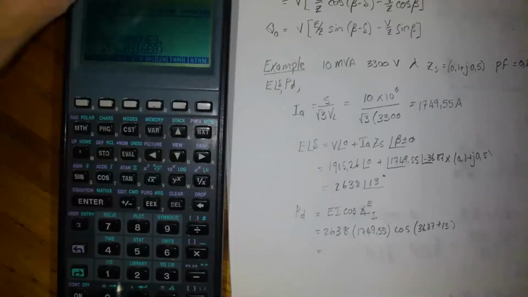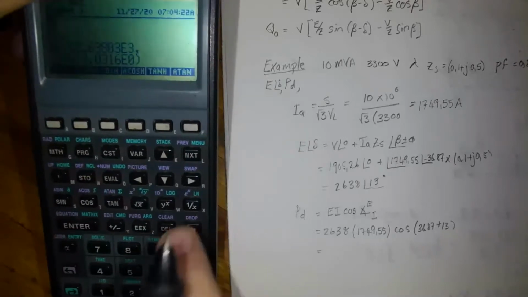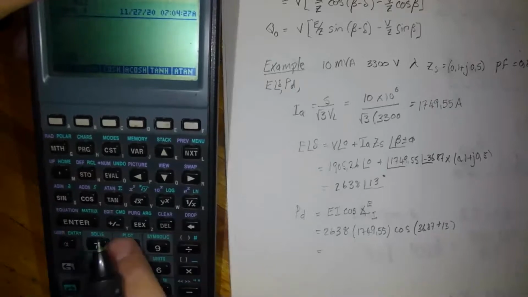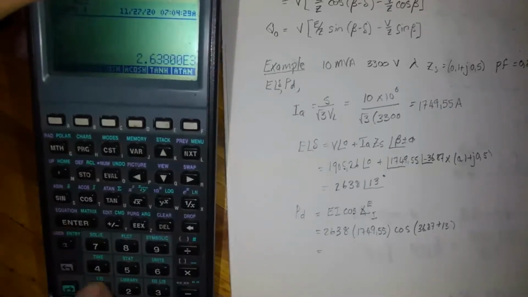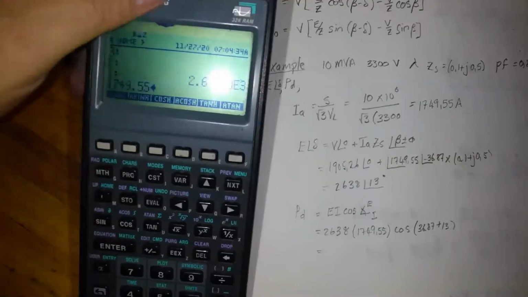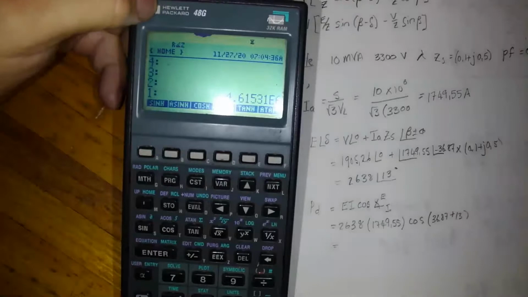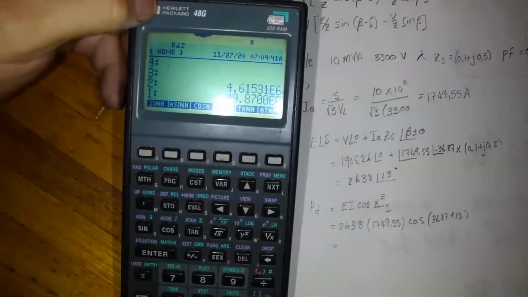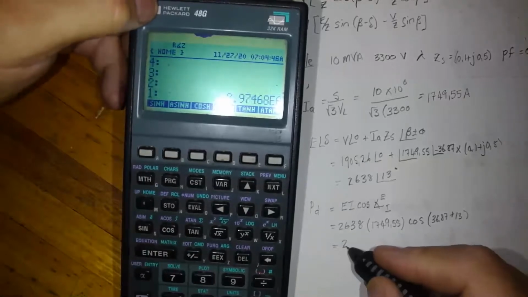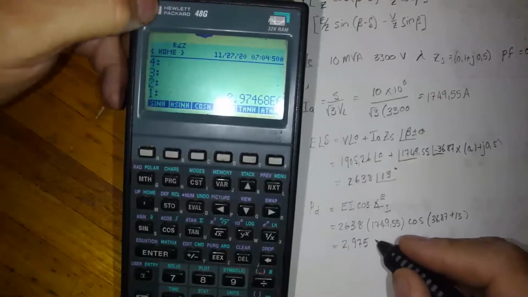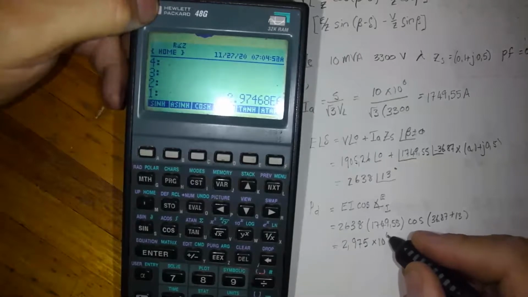That gives us a current per phase of 2.975 times 10 to the power of 6.